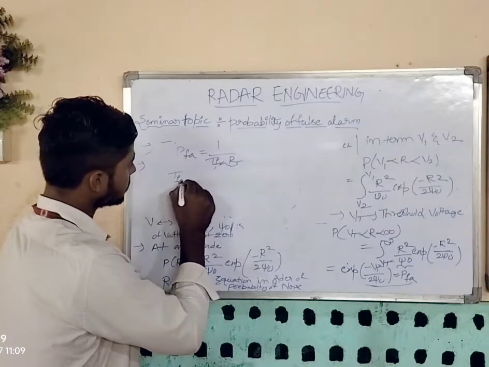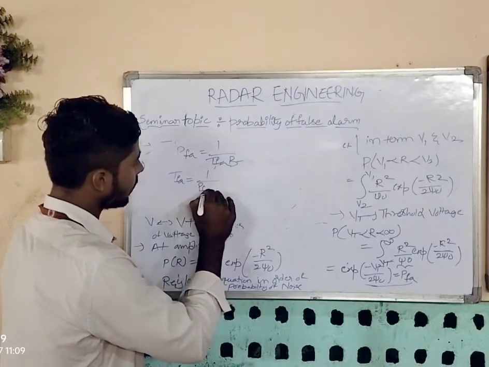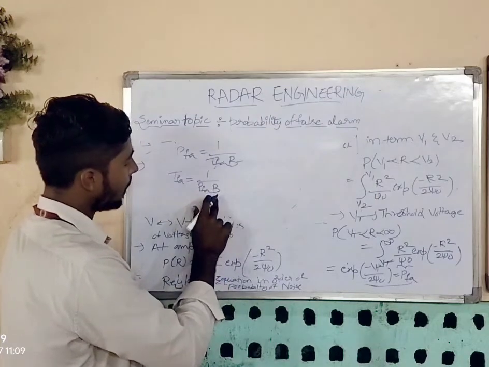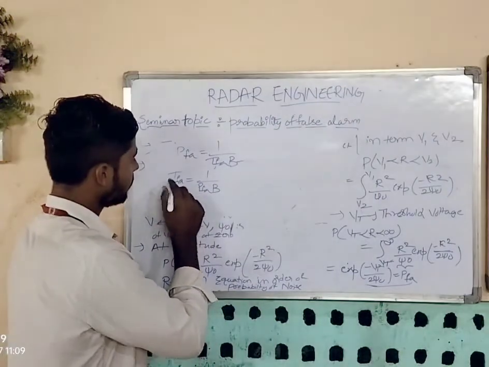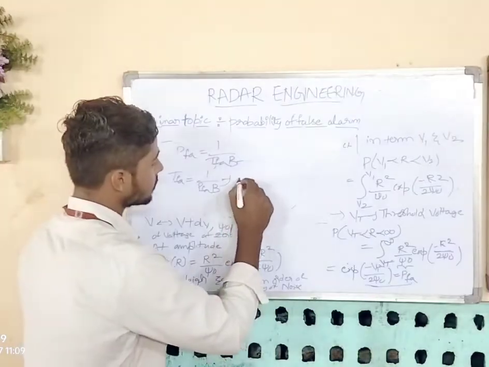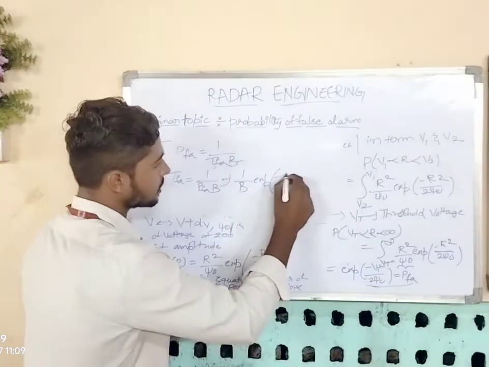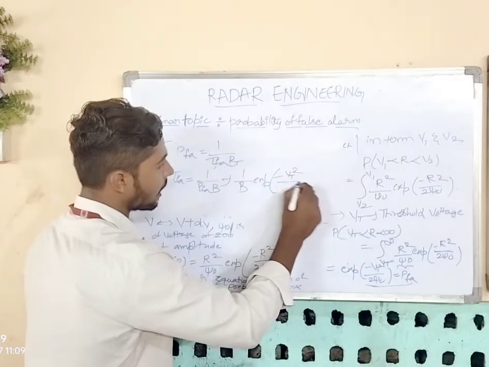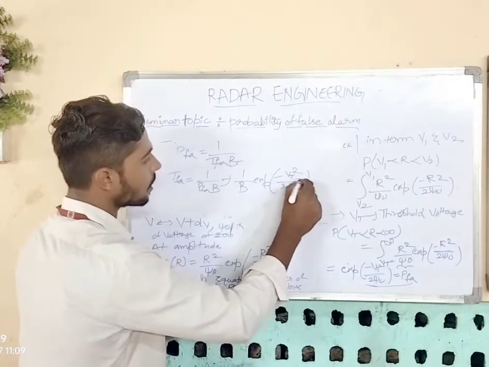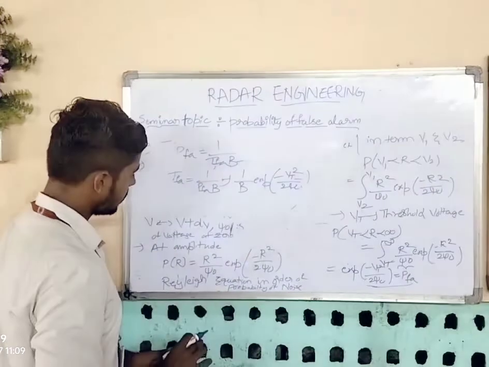First, Tfa is equal to 1 by Pfa times bandwidth. Here Tfa can be written as 1 by B exponential of minus Vt square by 2 psi naught, in terms of threshold and bandwidth.